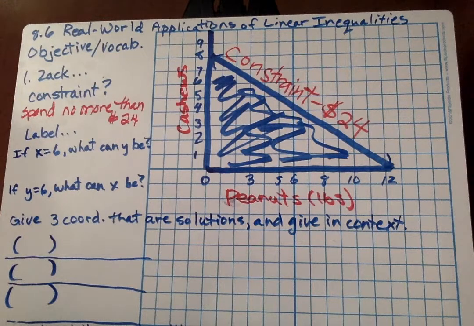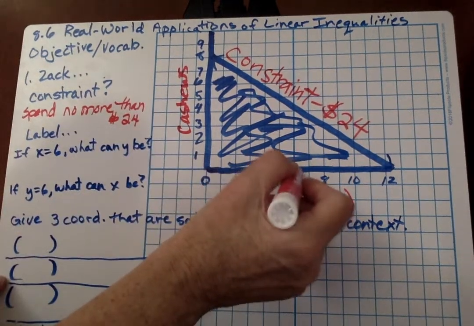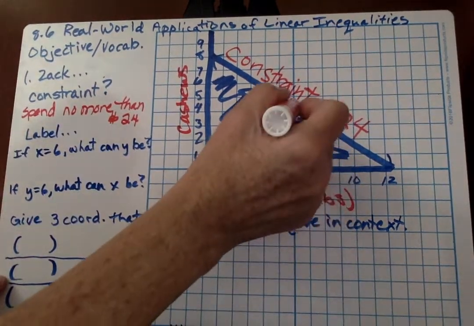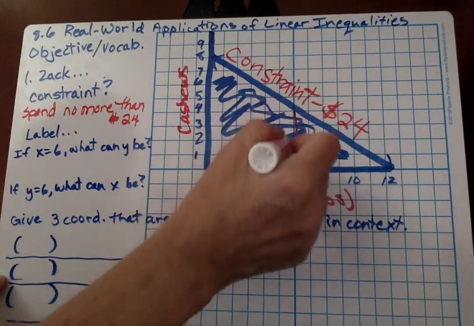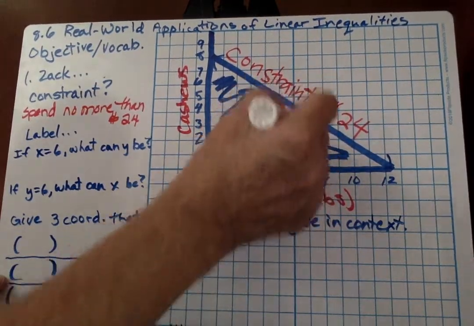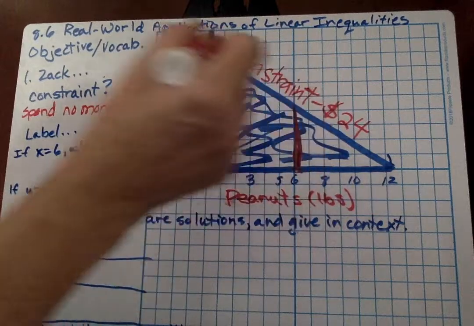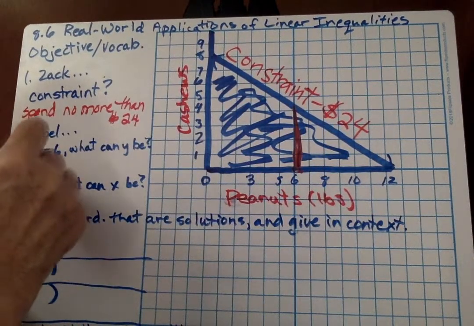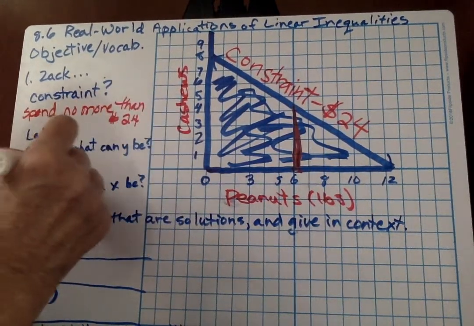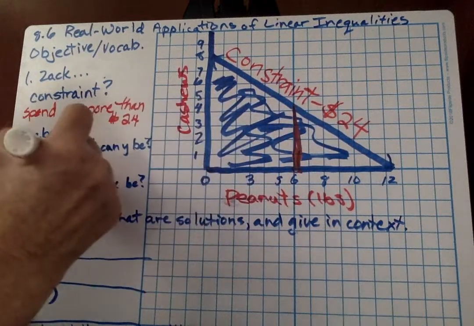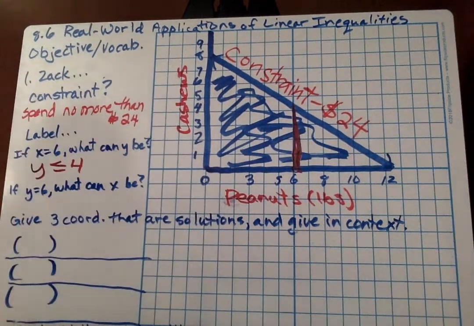If X is 6, what are all possible values of Y? So if X is 6, here's 6. So possible values of Y can be anything in here, right? Anything in the shaded plus on the line. So we say Y has to be less than or equal to 4. That might be a little bit more clear on your graph than mine.